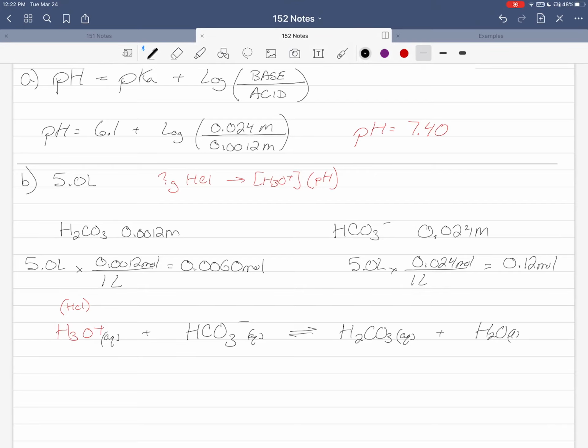All right, so I'm going to have some amount of acid initially added to somebody's blood. Initially I have 0.12 moles of bicarbonate and 0.0060 moles of carbonic acid, and water is not involved in the equilibrium constant. We're going to assume all of my acid reacts.